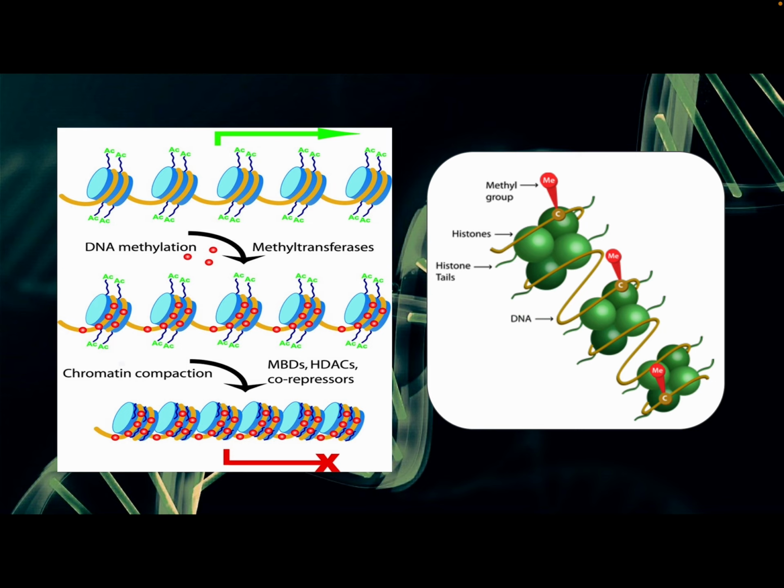MBD proteins then recruit additional proteins to the locus such as histone deacetylases and other chromatin remodeling proteins that can modify histones, thereby forming compact inactive chromatin termed heterochromatin. This link between DNA methylation and chromatin structure is very important.